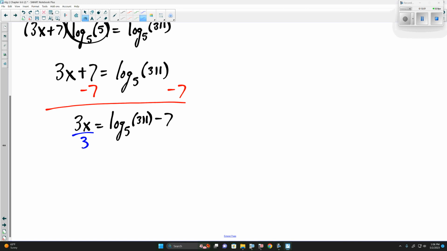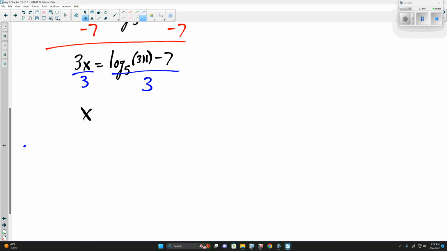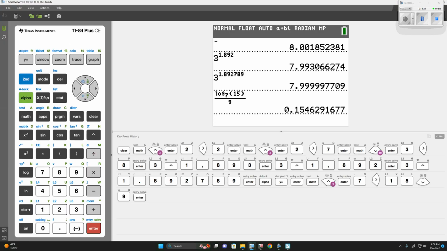The next thing we would do is divide both sides by 3, telling us x is equal to log base 5 of 311 minus 7 divided by 3. And at this point here, we will plug it in.